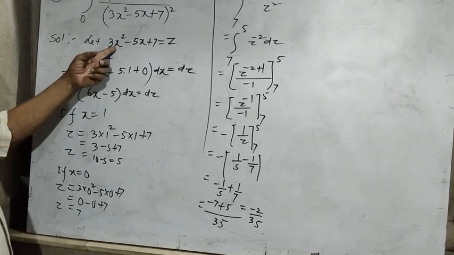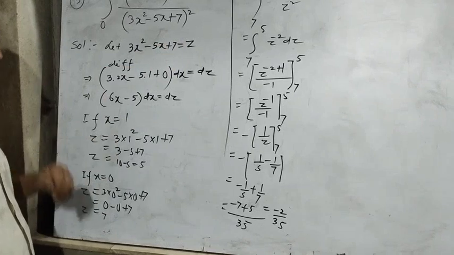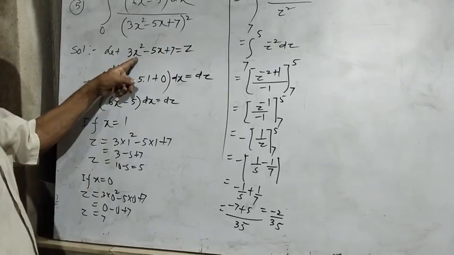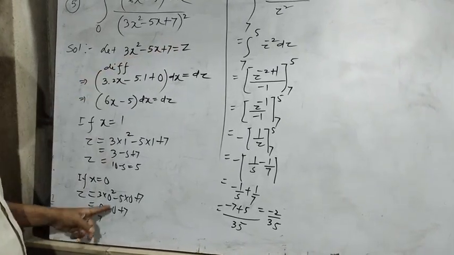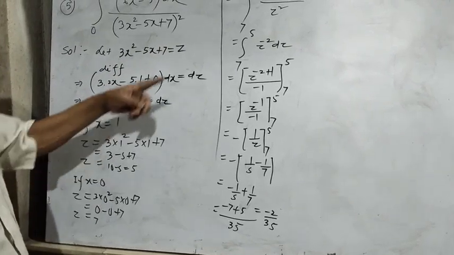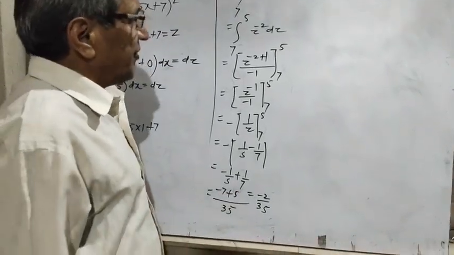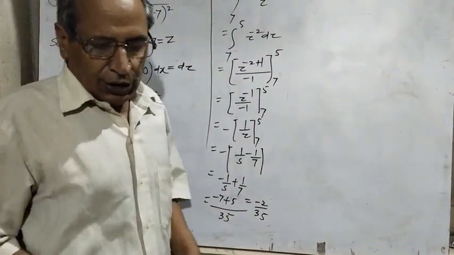Putting the value of x is equal to 1, upper limit we get z is equal to 5. We put x is equal to 0, we get z is equal to 7. Putting the lower limit and upper limit, we get the integration. This will be the final value of integration.